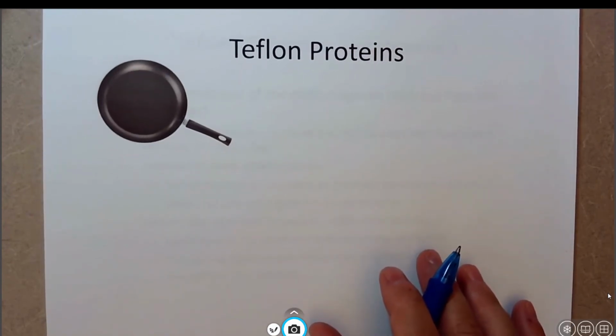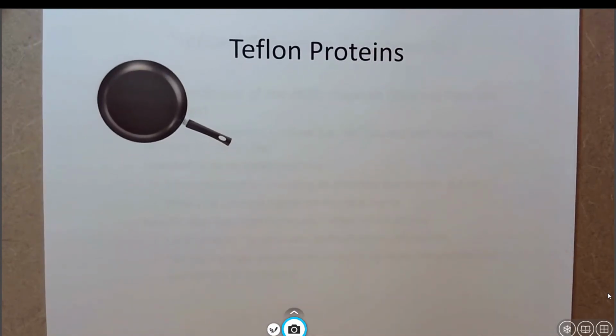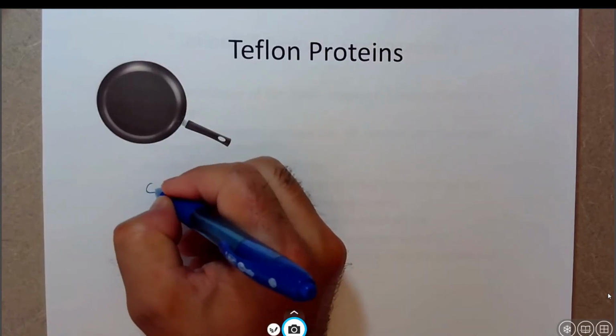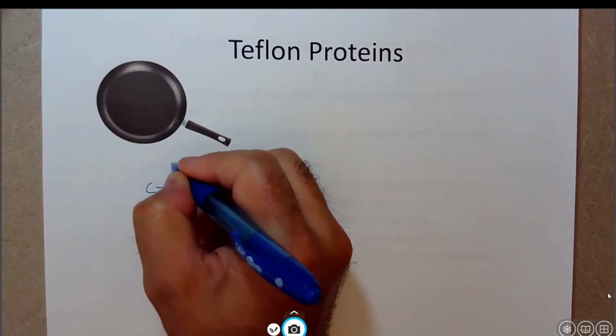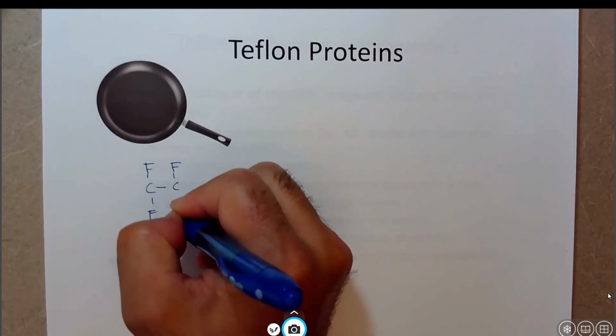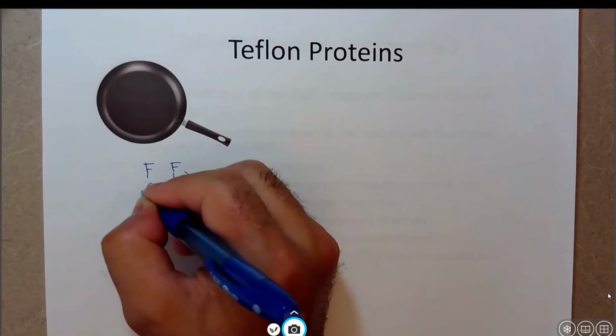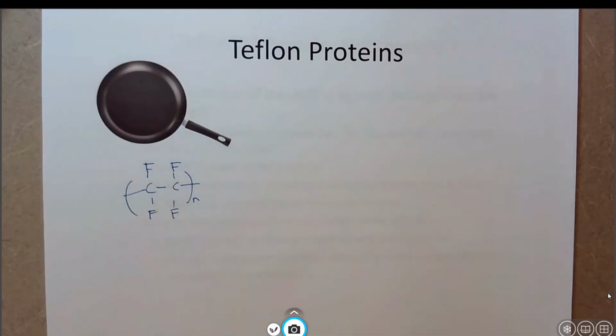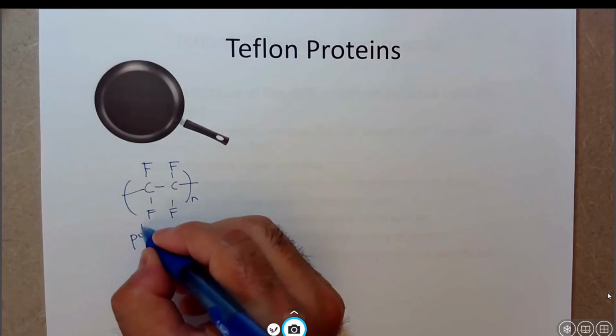You might have a Teflon frying pan at home, or a Teflon-coated rain jacket or something like this. And really, what does Teflon look like? Teflon is a polymer that looks like this. It's a polytetrafluoroethylene polymer.